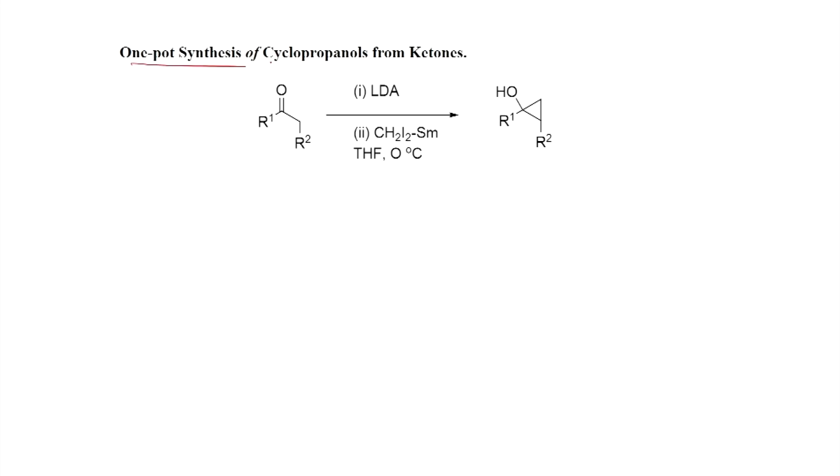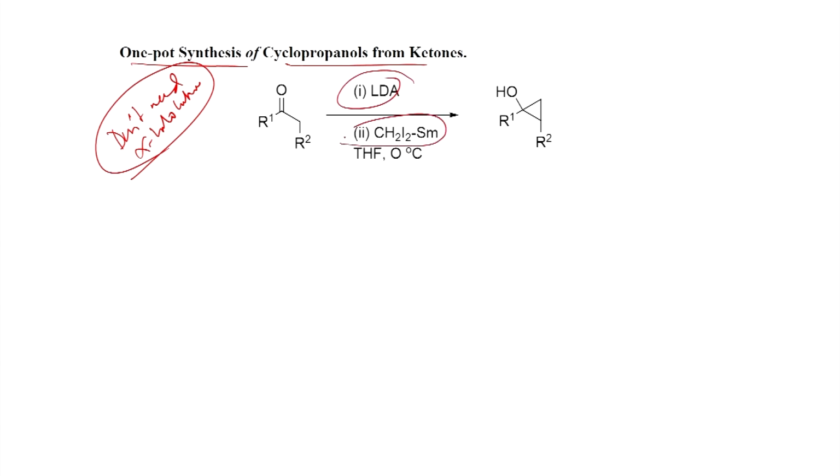And one-pot synthesis of cyclopropanols from ketones also is possible. So, here you do not need the alpha haloketone, because we have seen that halogen is there only to make an enolate, and now if you have external base, if the enolate can be formed from the ketone, and then if you put this second step samarium, CH2I2, THF, 0 degree centigrade, whether you can get this product or not.